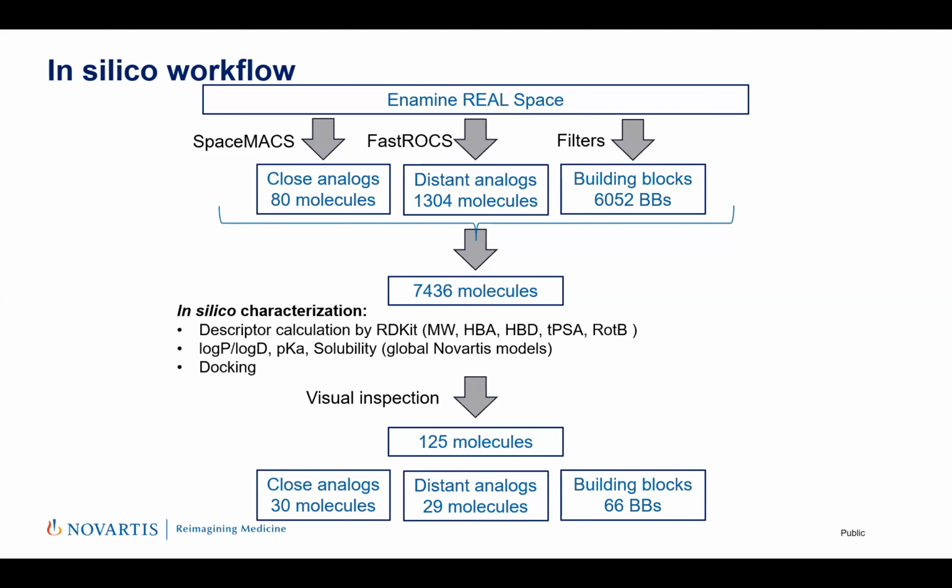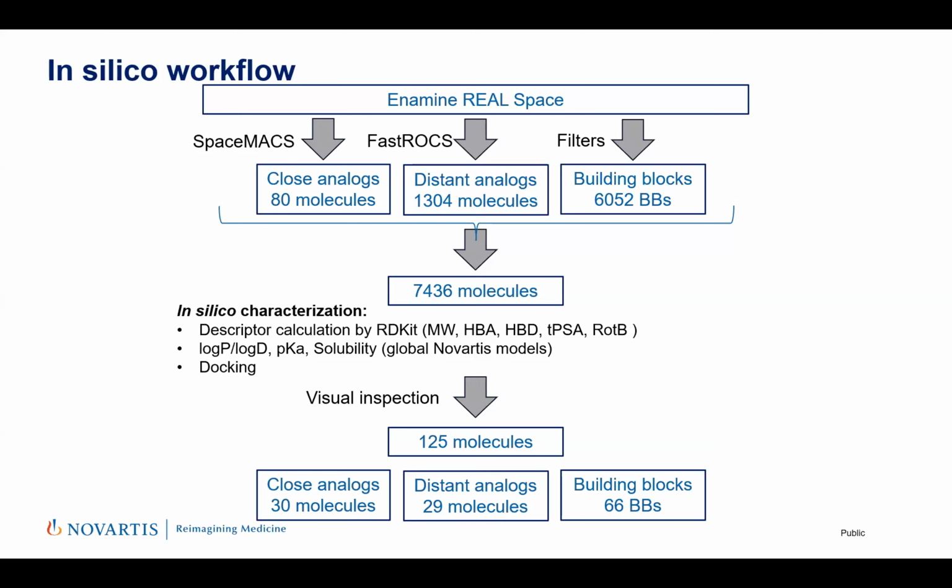So in the close analog set, which was quite a manual thing of repeatedly doing maximum common substructure searches, we have around 80 molecules, then around 1,300 through the FastROCS approach over an enumerated set of the Enamine REAL space. And then in the building blocks, we effectively filtered down to those that had fluorine, that had particular properties, and tried to avoid things like covalency, which are very quick to mess up your screening.